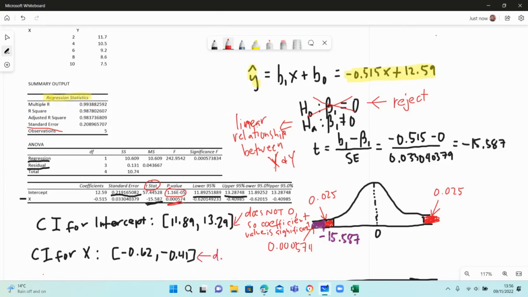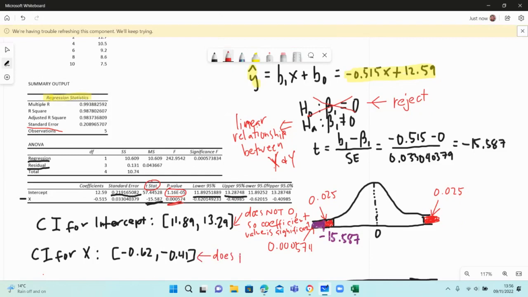And this means that since, again, it does not contain 0, the value that we got for the coefficient of the regression model, the slope of our regression model, is actually significant. So it does not contain 0.